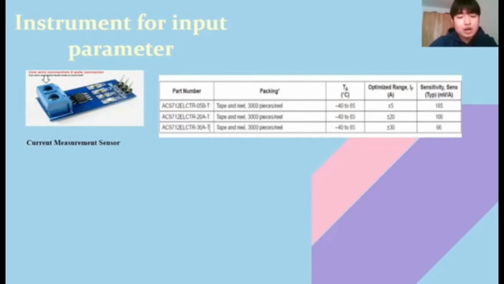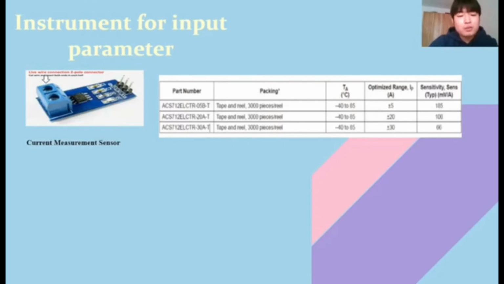ACS712 is a Hall effect-based current sensor. For input, we need to cut the wire and place both ends into 2 input circuits. We need to supply the VCC and ground from the microcontroller ATmega328, then use the ADC to be able to read the sensor value.